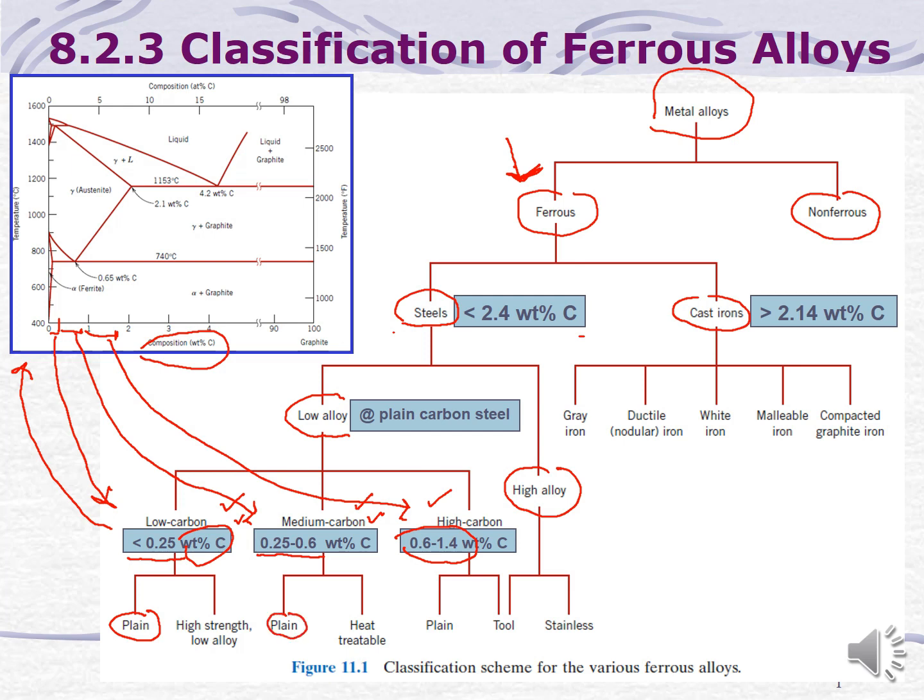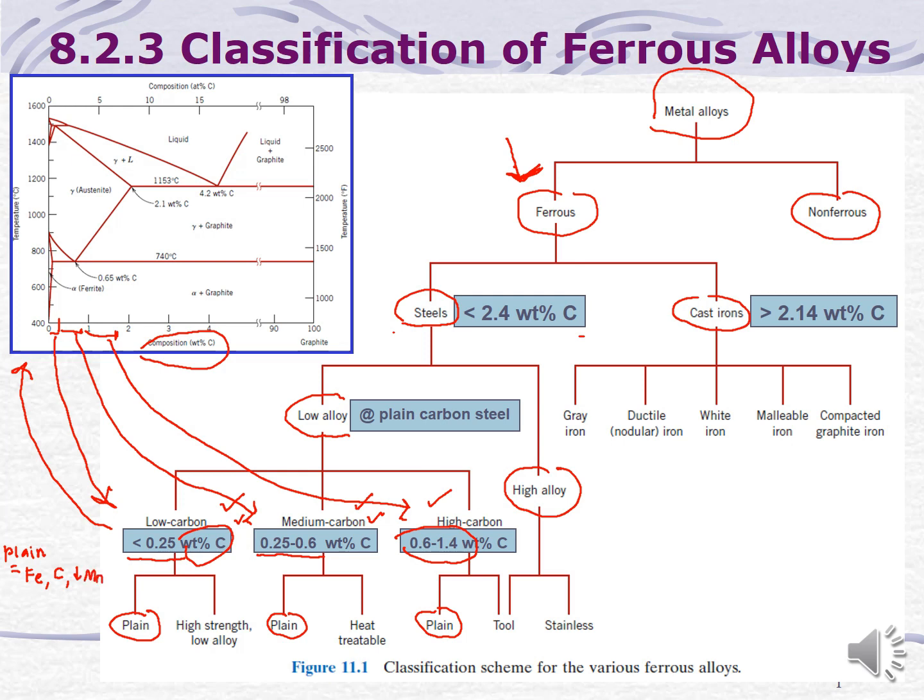Plain carbon steel means that the carbon steel just consists of iron, carbon, and a small percentage of manganese.